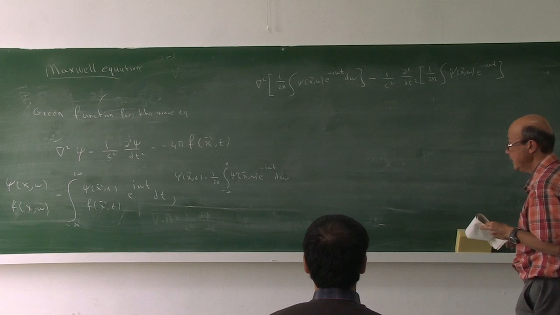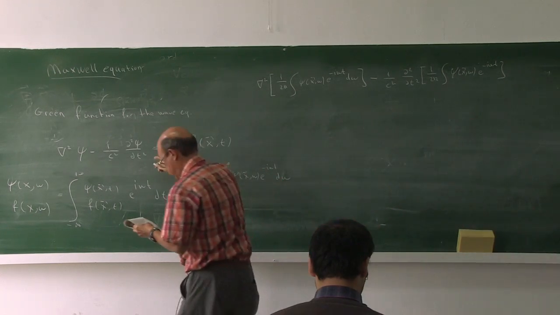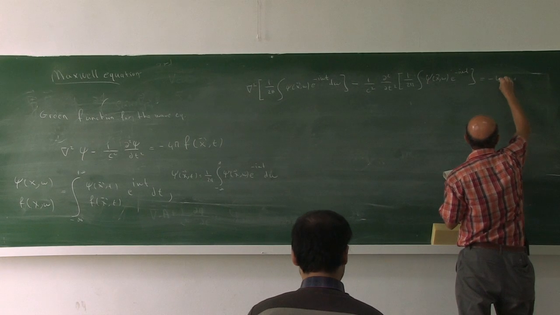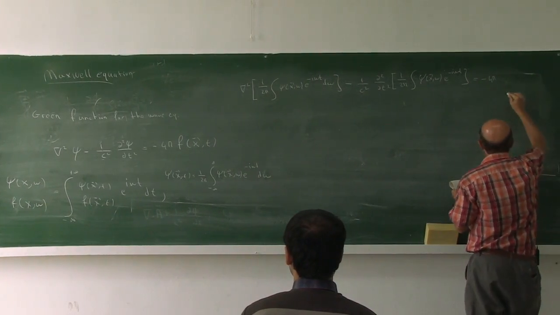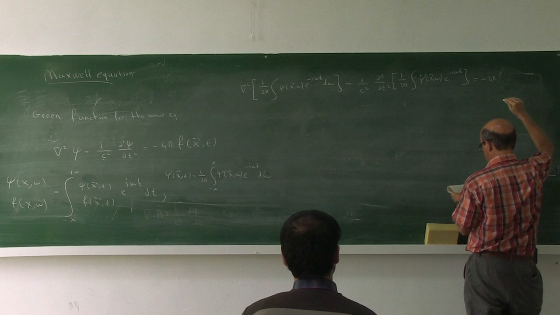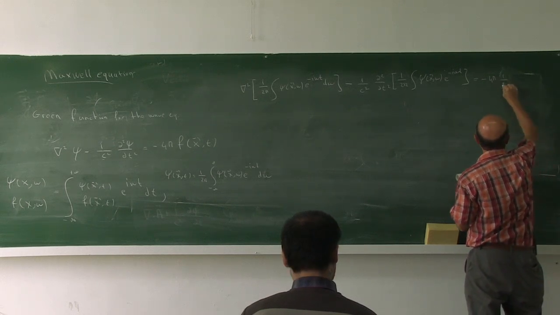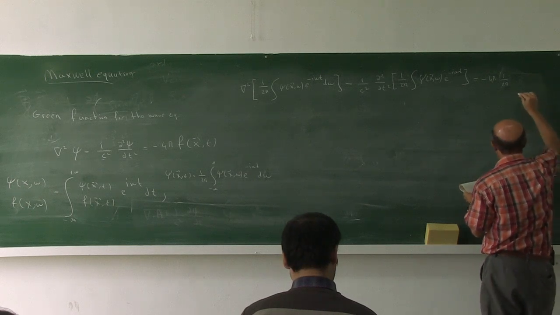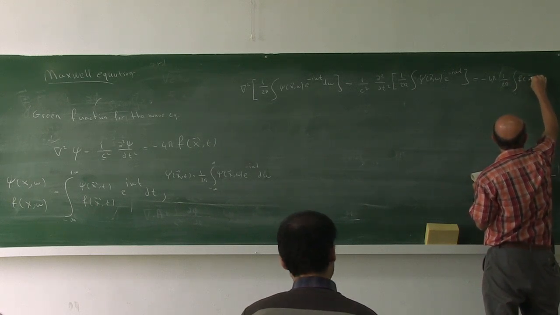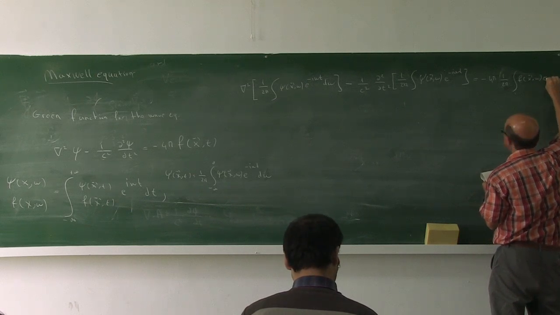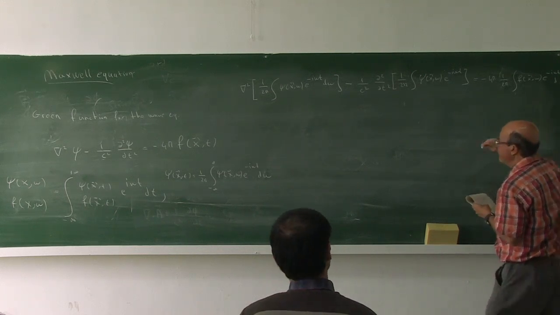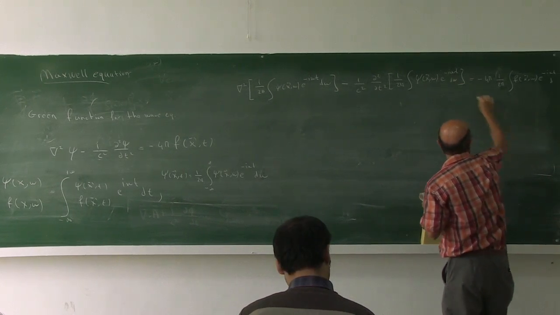That is the other piece. That should be equal to minus 4 pi times 1 over 2 pi f(x,omega) e to the minus i omega t d omega.